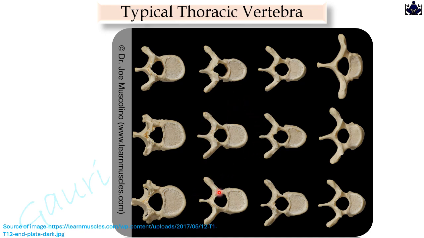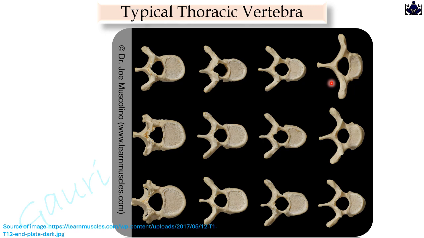A thoracic vertebra shows the presence of a well-developed centrum, that is the body of the vertebra. Then the vertebral foramen, all are showing this vertebral foramen. Then the neural spine, neural arches, well-developed transverse processes, and superior and inferior facets for attachment with the upper vertebra and lower vertebra respectively.